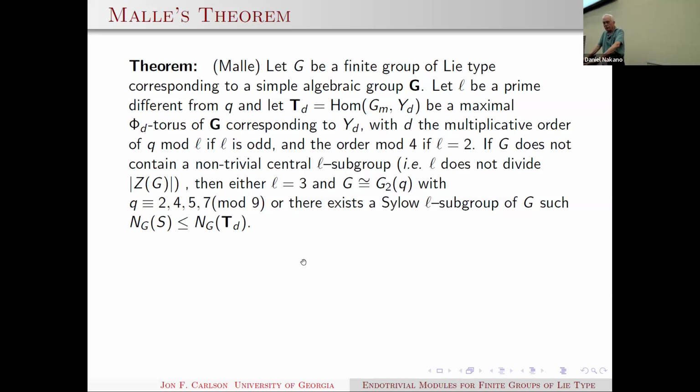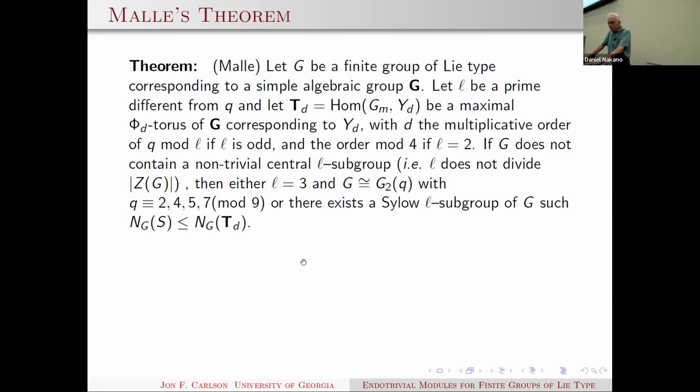Okay, if L is 2, then you take the order mod 4 relative to the order mod L. Okay. If G does not contain a non-central L subgroup, that is, L does not divide the order of the center of G. Okay, so here's the theorem. Theorem says, suppose that G does not contain a non-trivial central L subgroup.